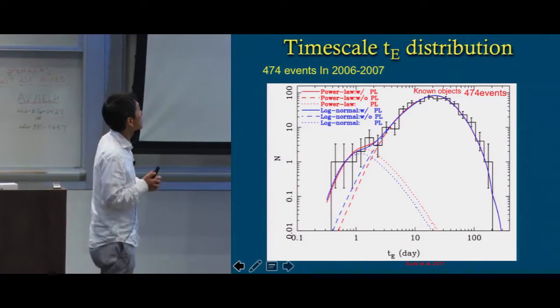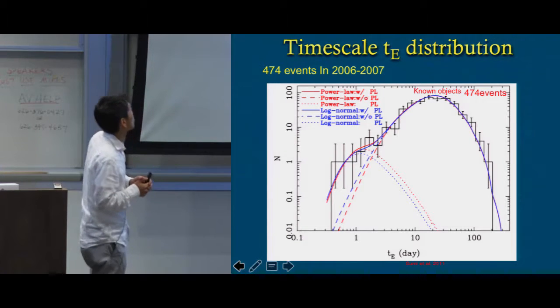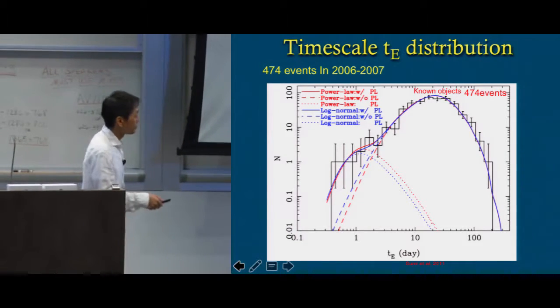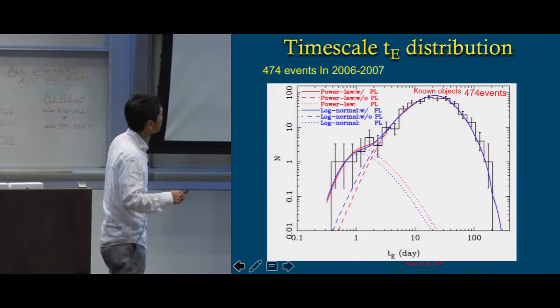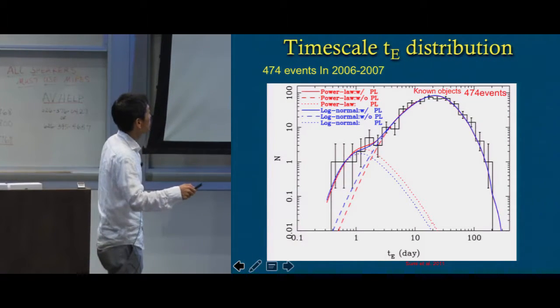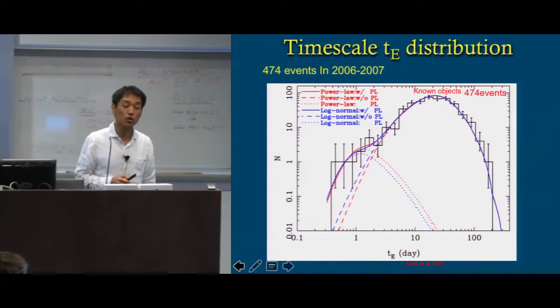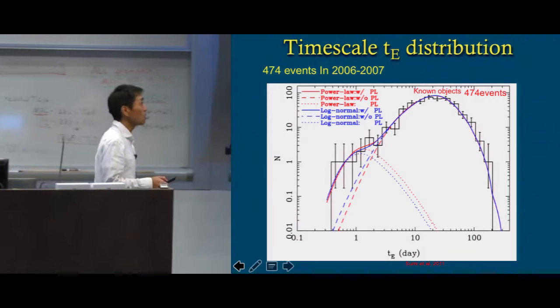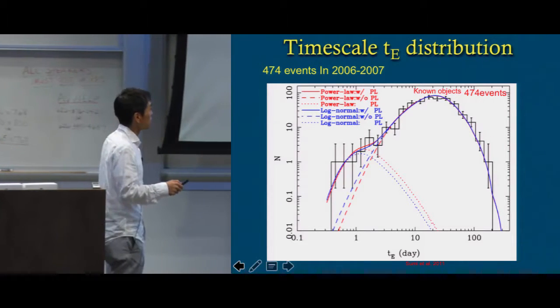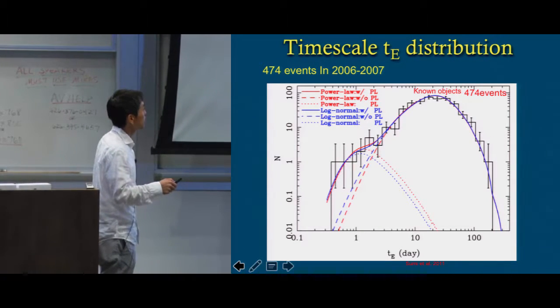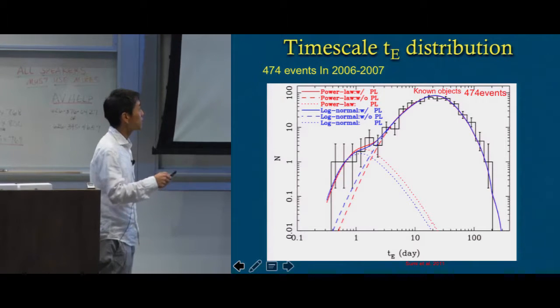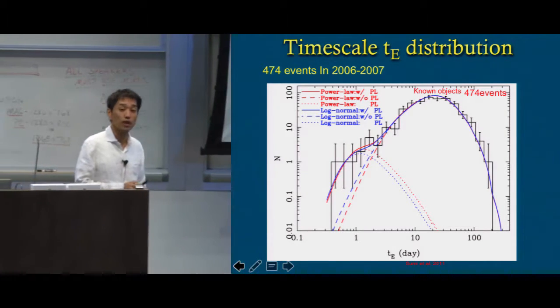So this is the observed timescale distribution of the total 474 events. This is the timescale in the log scale. And this dashed line is the model distribution predicted by the known objects. So we found some excess around the short timescale less than 2 days.